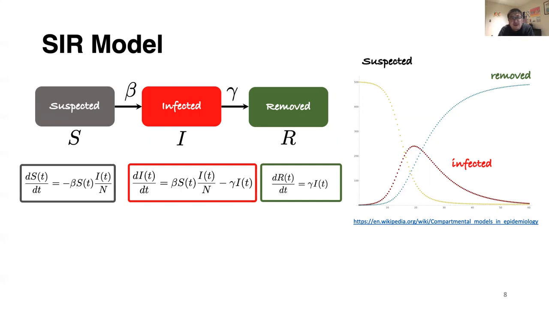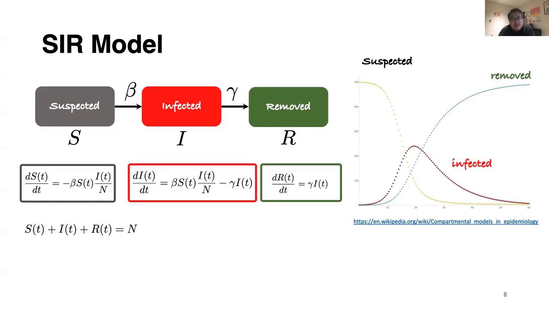And the equation in the red box describes that the number of infected people is becoming more and more by transitioning more susceptible people into infected people, while at the same time, certain infected people will become removed by either dying or being cured, and the function in the green box basically describes the removal dynamic.